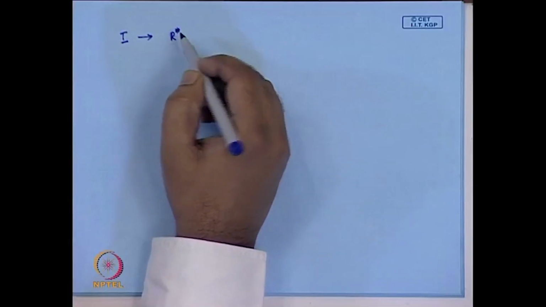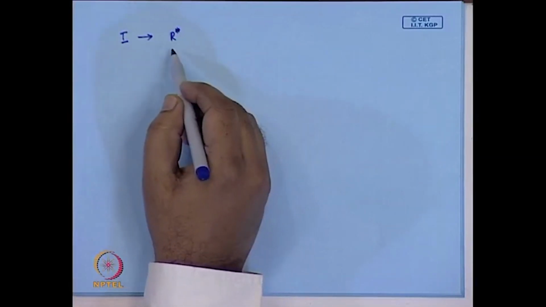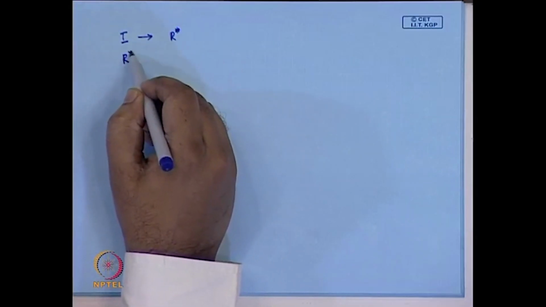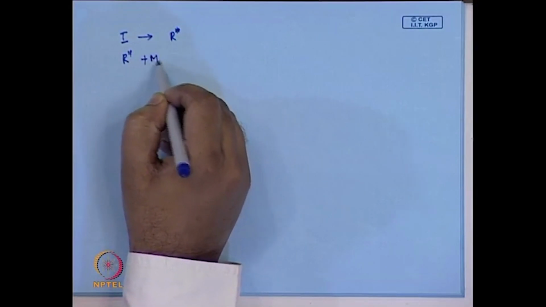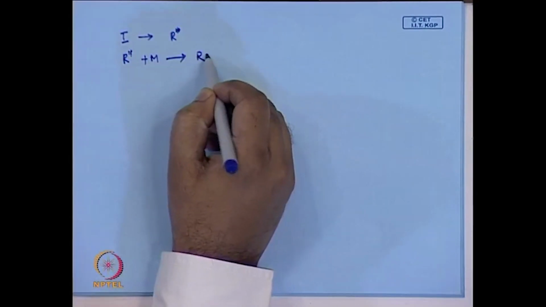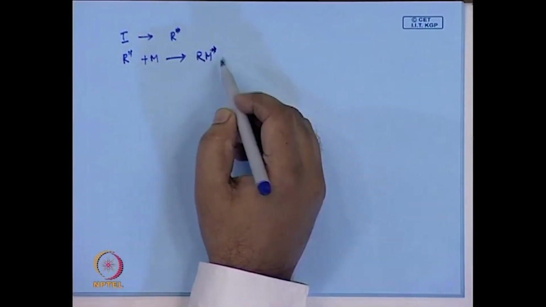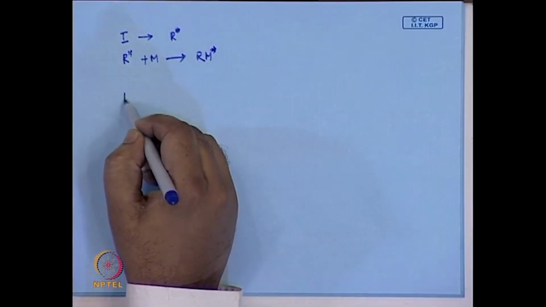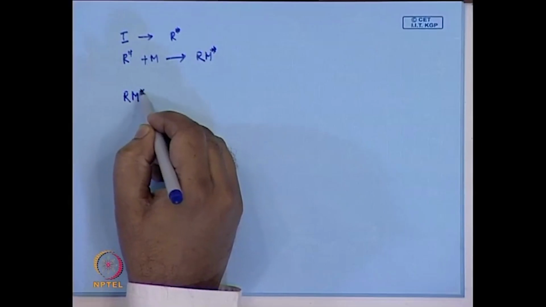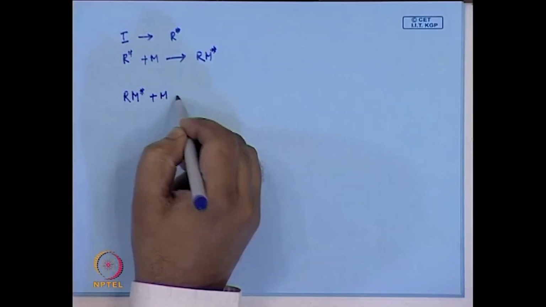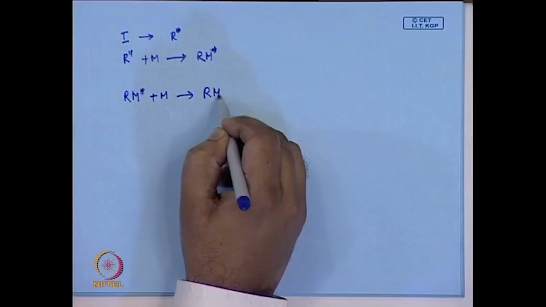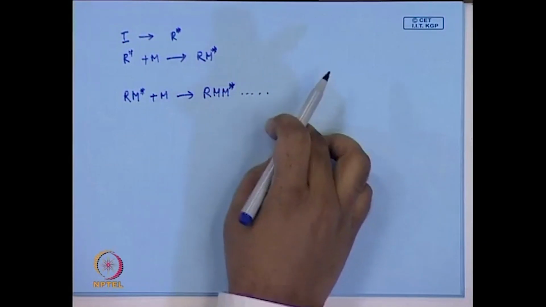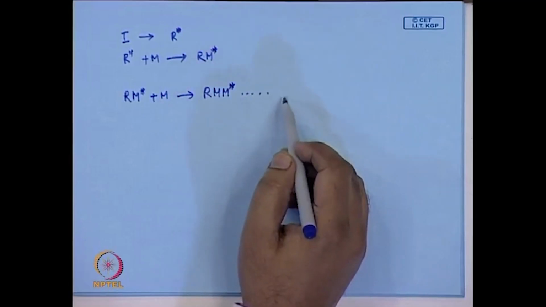a reactive species R* is formed from initiator molecule I. This reactive species then reacts with a monomer and gives you a chain initiating species. This will initiate the chain by reacting with further monomers, forming an extended chain, and this will progress to make a complete polymer.